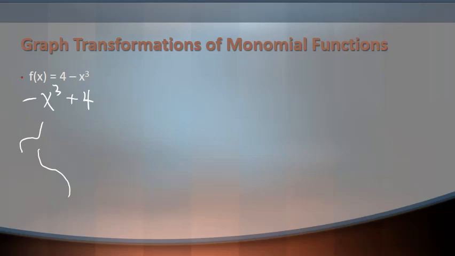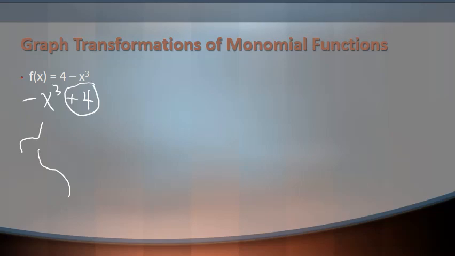And with this positive 4 sitting outside of the parentheses, I'm expecting it to translate vertically up 4. And so rather than my intercepts being at the origin 0, 0, I'm expecting the x-intercept at 0 and the y-intercept at positive 4.